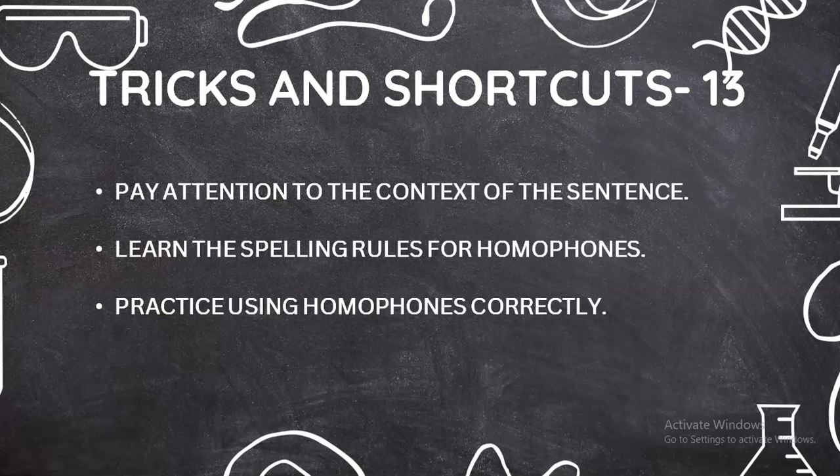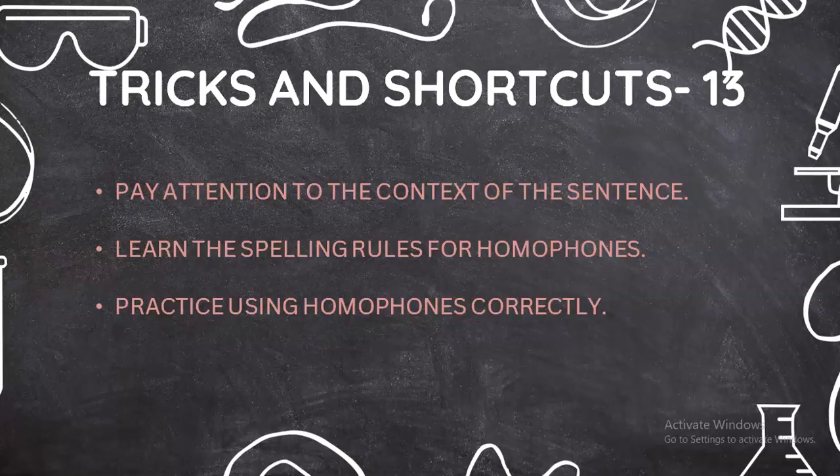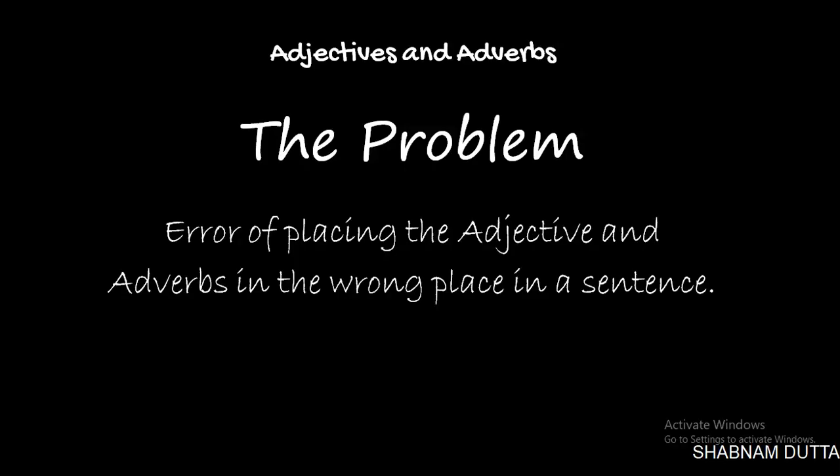Now it's time to discuss the 7th error in the list. That is adjectives and adverbs, where we tend to place the adjectives and adverbs in the wrong place in a sentence.